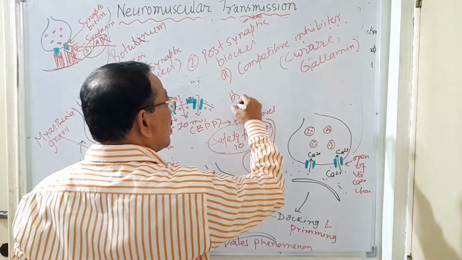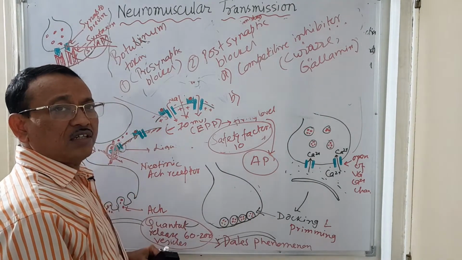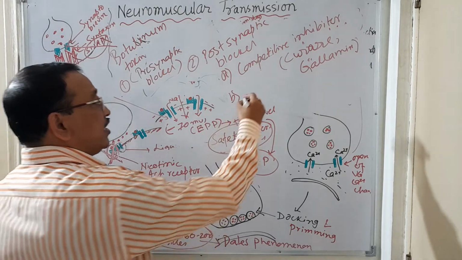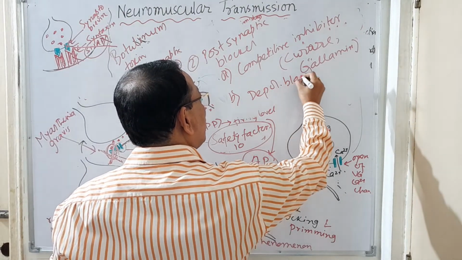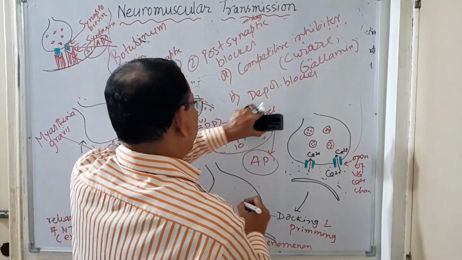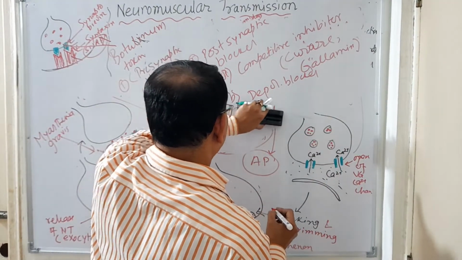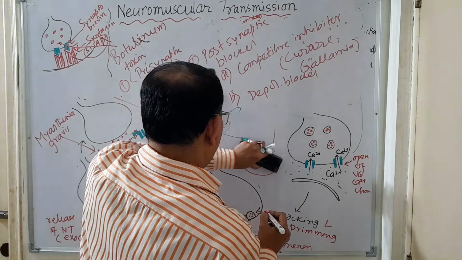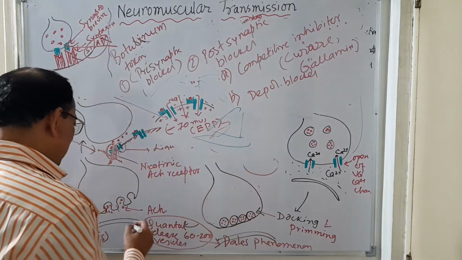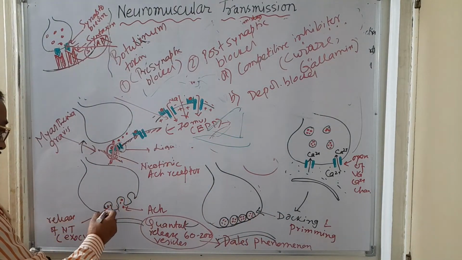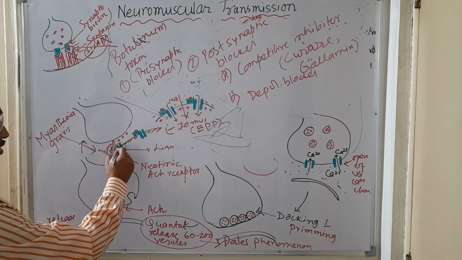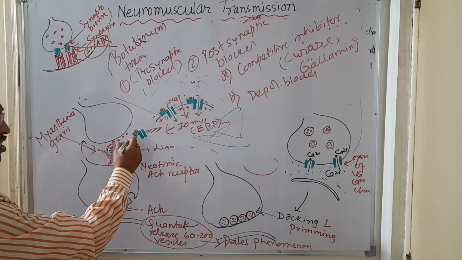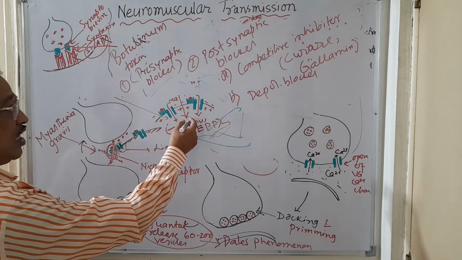Second type of blocker is known as the depolarizing blocker. So what does it do? Now here one thing you see. As I told, acetylcholine binds with this and initiates the muscle excitation followed by contraction.